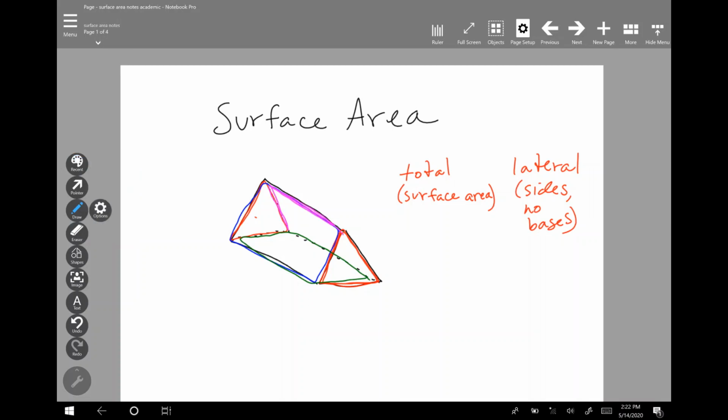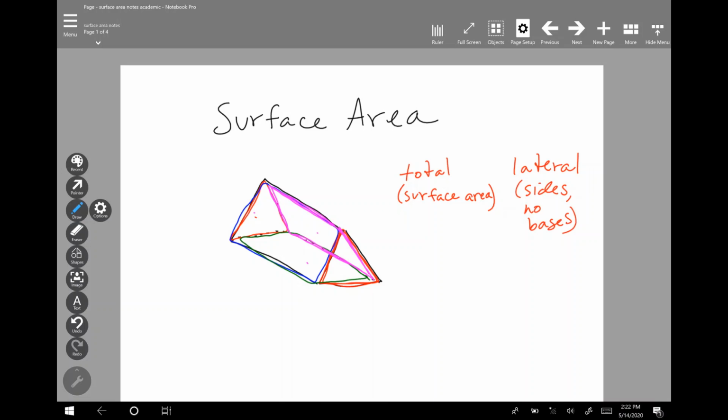So I'd have to find the area of those three rectangles plus the two triangles. That would be the total surface area because there are 1, 2, 3, 4, 5 total faces on this prism. Okay, so total surface area is all of the faces, all the flat surfaces, the area of it.